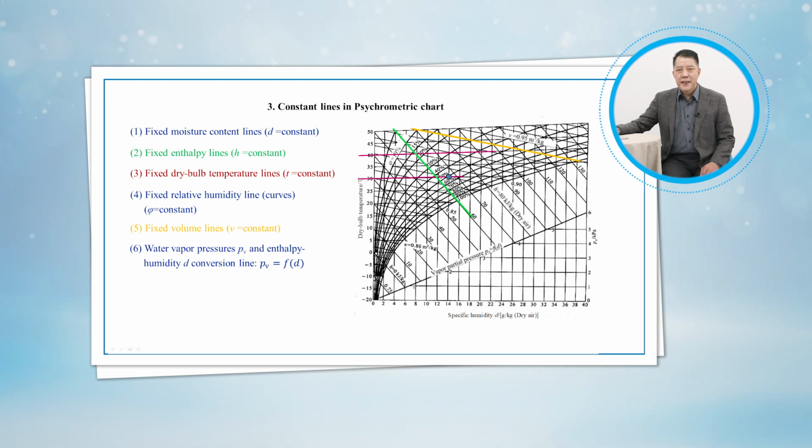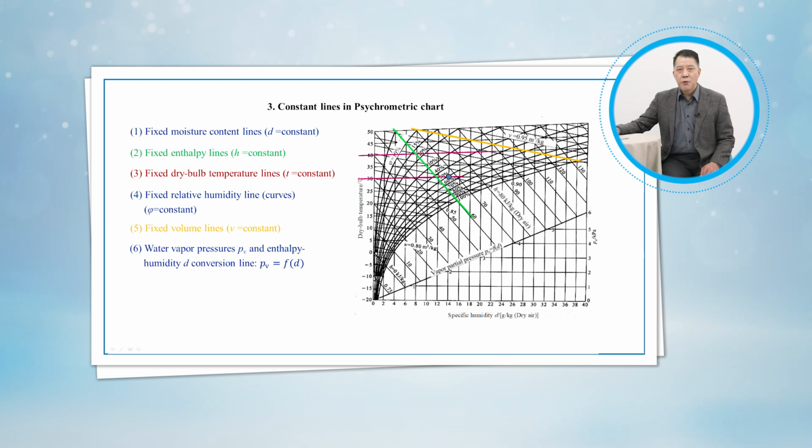Thirdly, the fixed dry bulb temperature lines. Fourthly, the fixed relative humidity lines. Fifthly, the fixed volume lines.